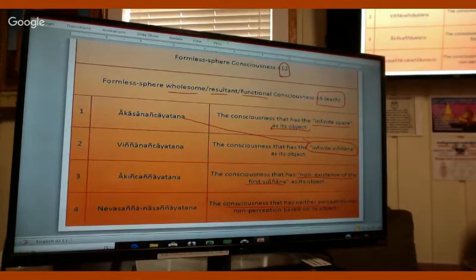So in these arupa jhanas, we cannot practice vipassana. In the rupa jhana, the form-sphere consciousness, we can focus on the vitakka, vichara, piti. We already discussed this one. We can practice vipassana, focusing on those manifestations.